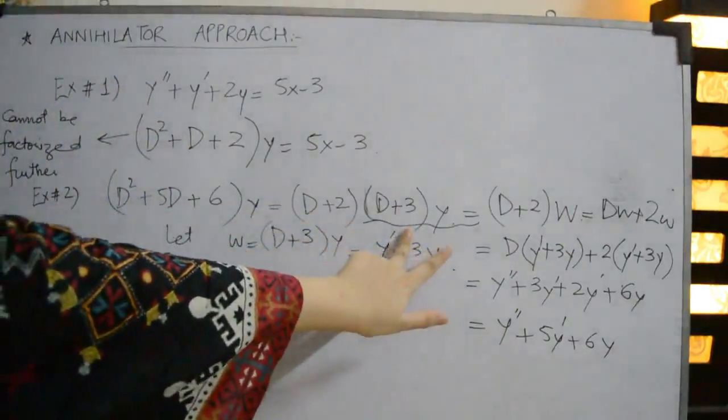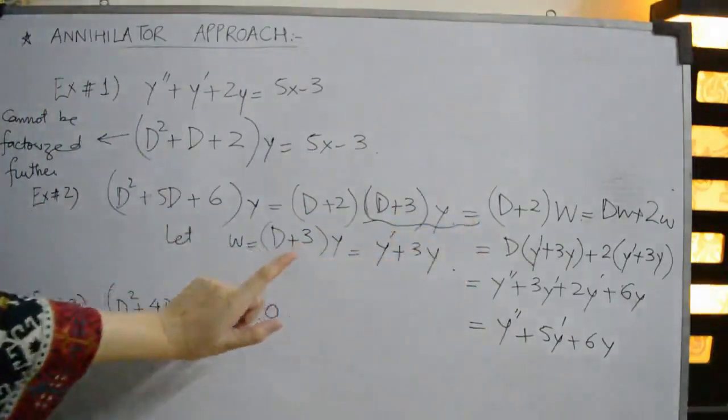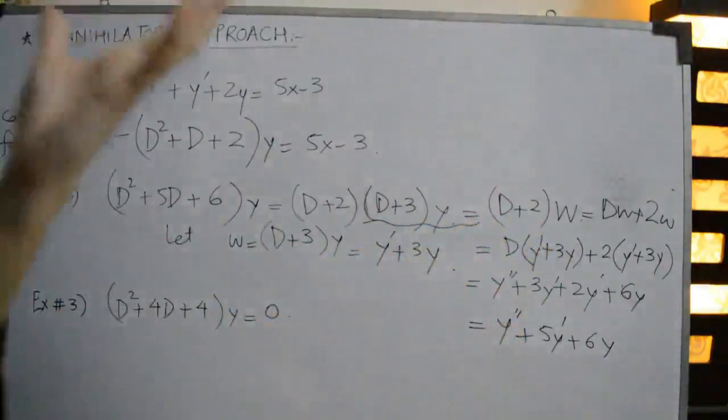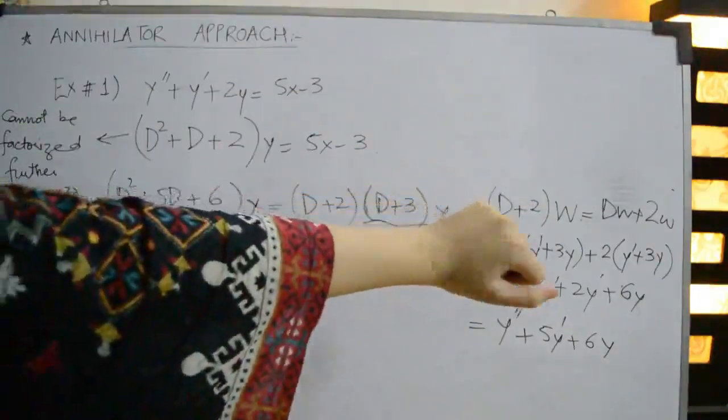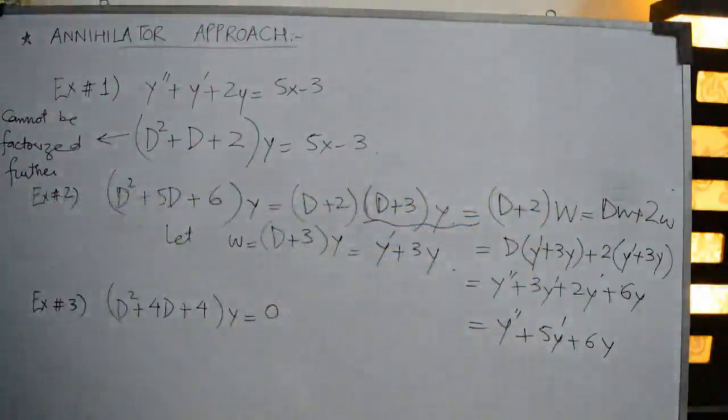If I replace this (D + 3)y as w, then it becomes (D + 2) into w, that means D into w plus 2 into w.